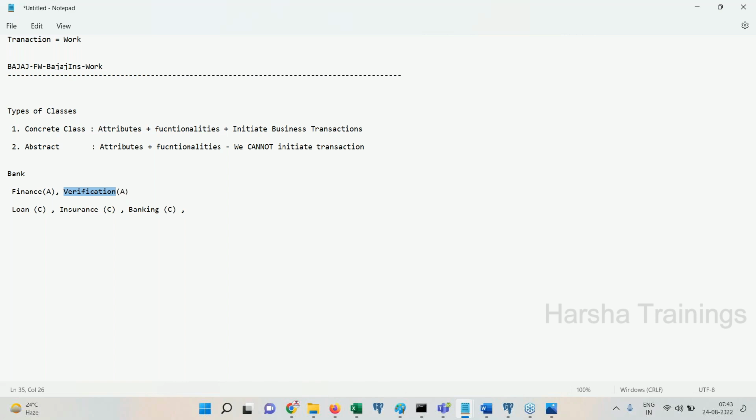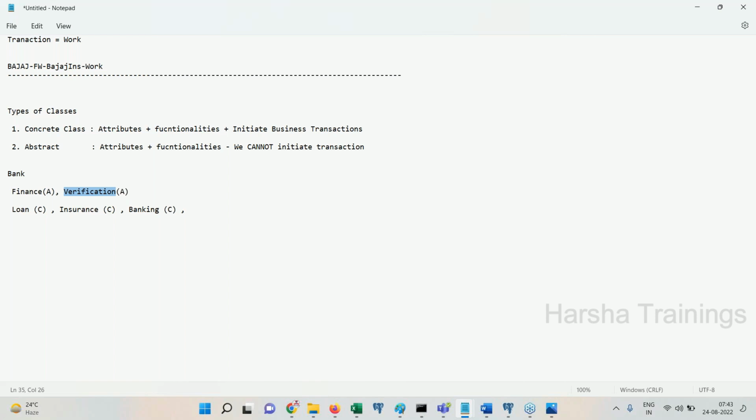So that is the reason why technology has abstract classes. What is the importance of having abstract classes? Abstract classes are the restrictions imposed in the business. What is that restriction? The ability to initialize business transactions has to be removed. How do you remove it?